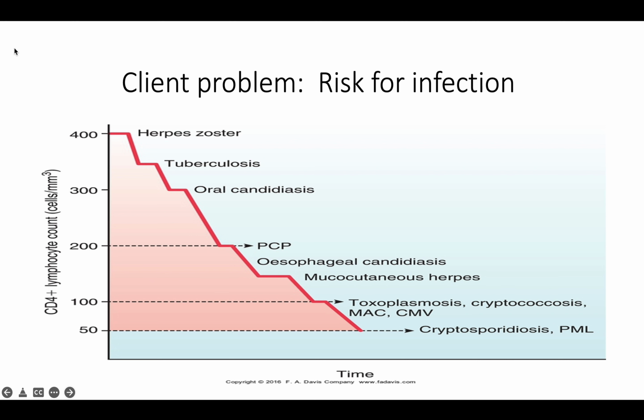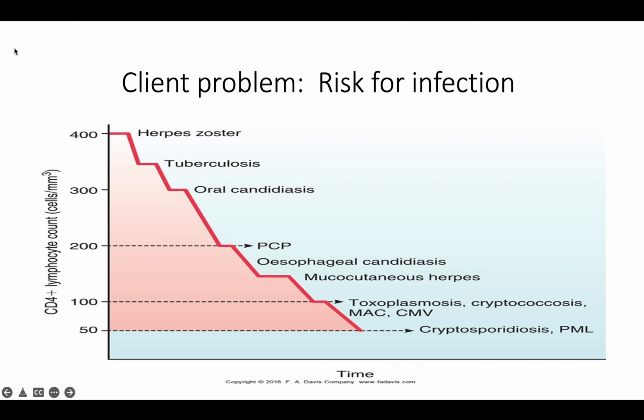There are different types of bacterial infections in the form of toxoplasmosis or meningitis. Those are infections that can be deadly to a patient. So as their CD4 count decreases, you may see a provider add some medications from a prophylactic standpoint to help patients fight that.